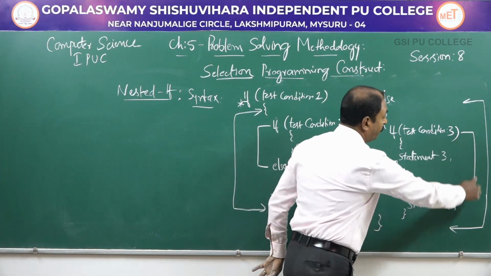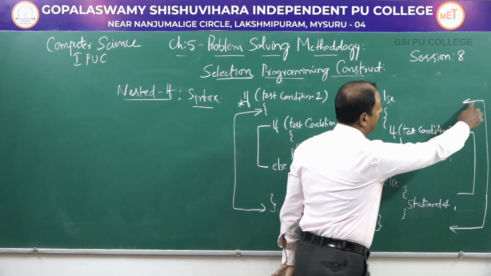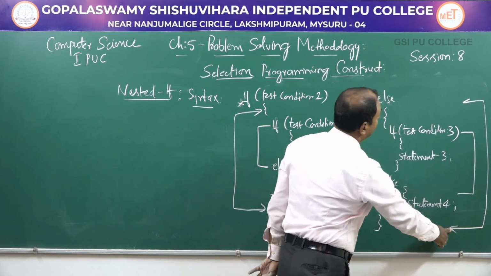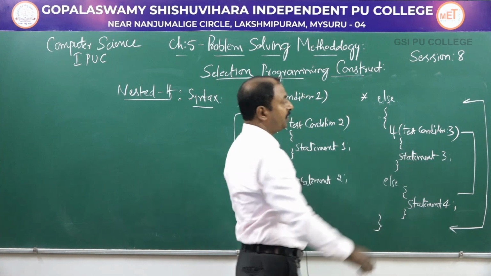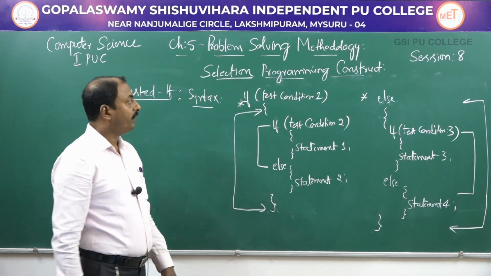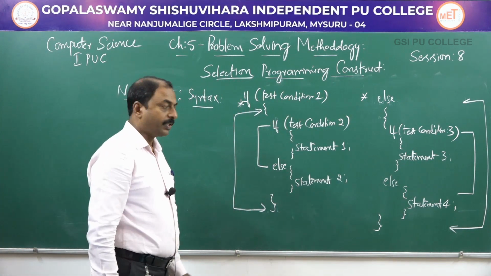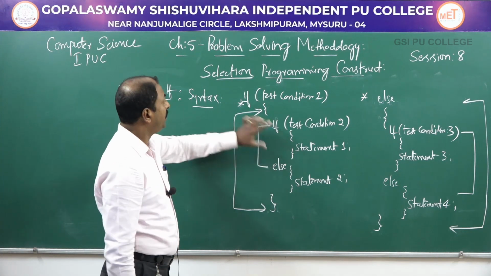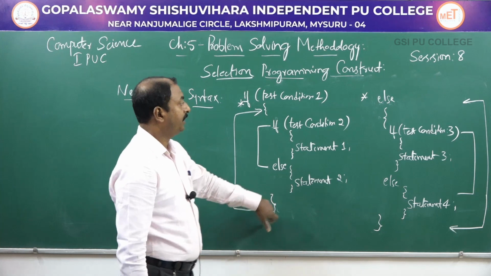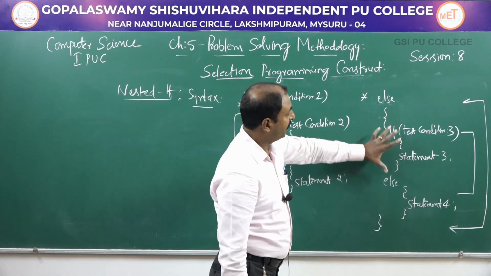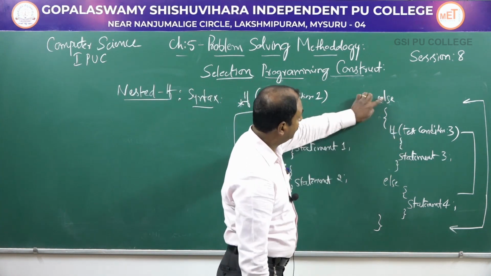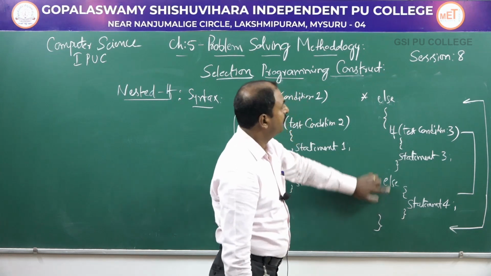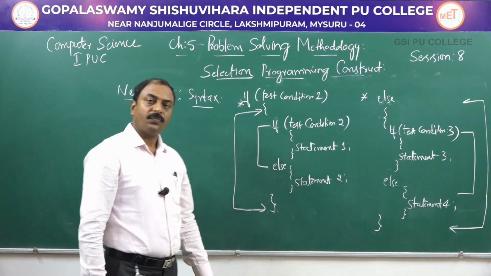So this if else statement is present inside this else part. So this is called a nested if construct. According to the definition, it is possible to have one if else statement within one more if statement. In this example, there is one if else statement within this else part. So this is a nested if statement.